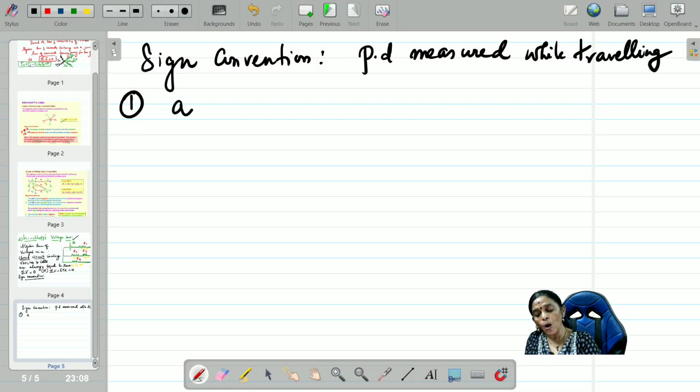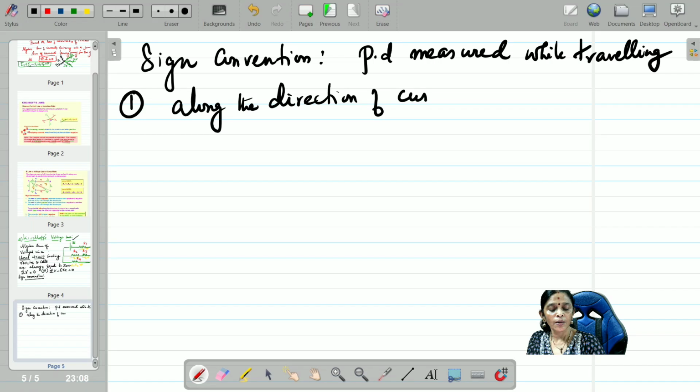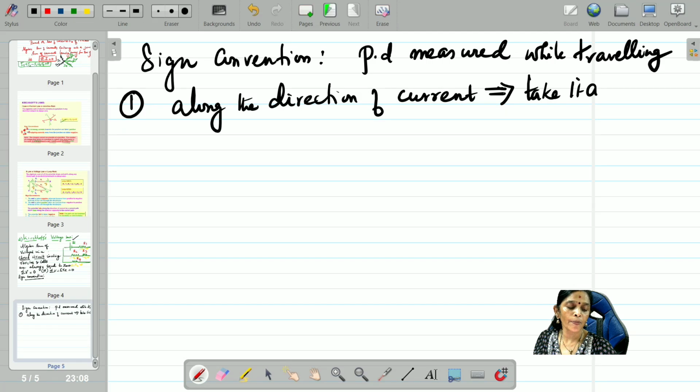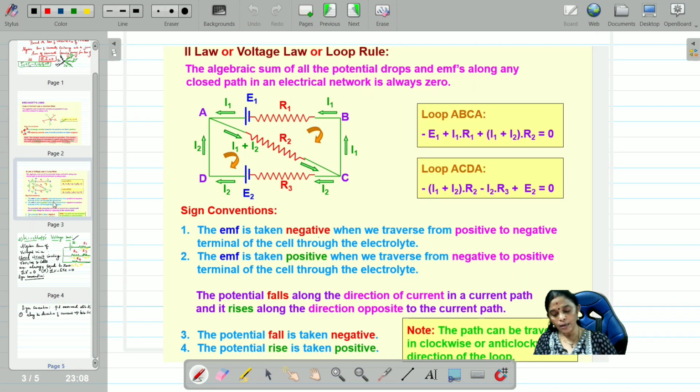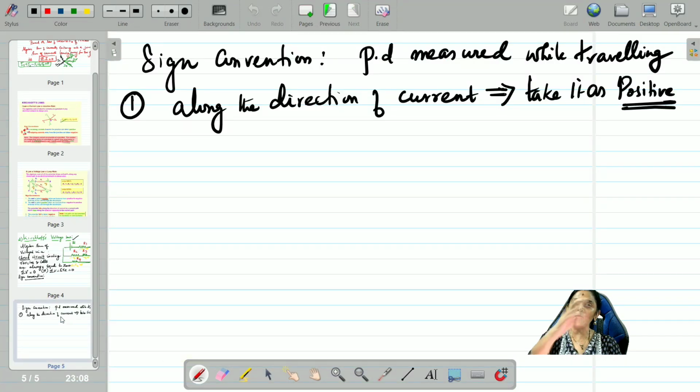So traveling along the direction of current is taken as positive. You have to take it as positive. See, I am taking it another way around. Here you are asked to take it as negative, but I am putting it the other way around. Any method is fine. This is the method I am following.